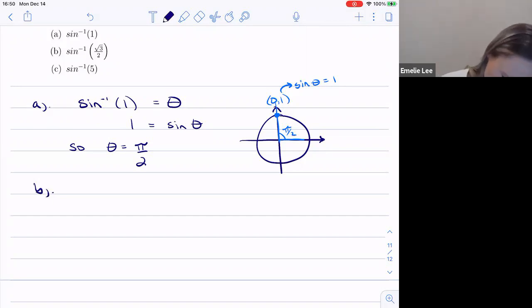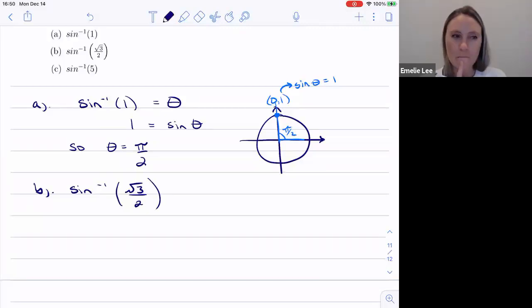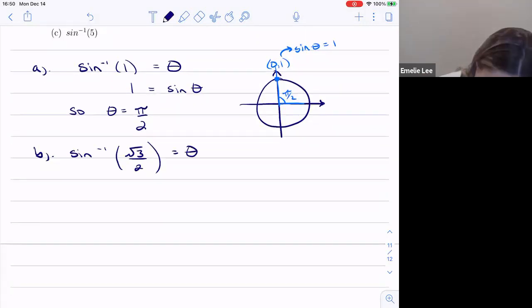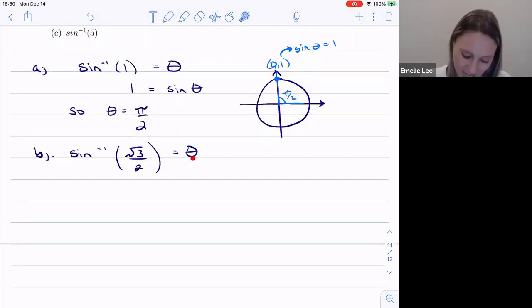Okay. So for B, same idea, right? You've got the sine inverse of root 3 over 2. Okay. First thing I'm going to do is I'm just going to shift that, because I don't like looking at sine inverse, right? But I don't mind, well, I can't speak for everyone, right? But I don't mind so much looking at the sine of theta equals √3/2.